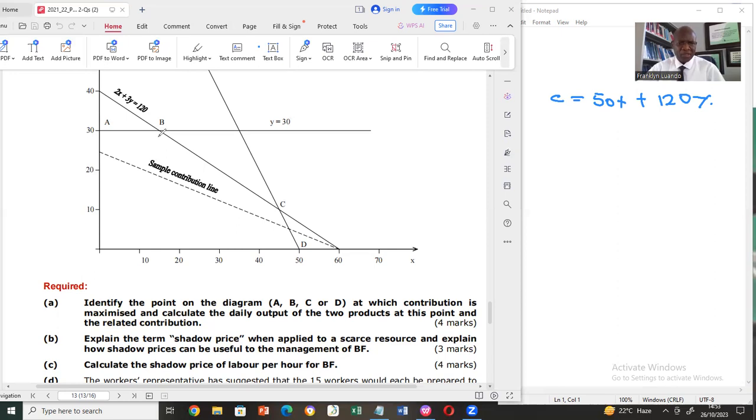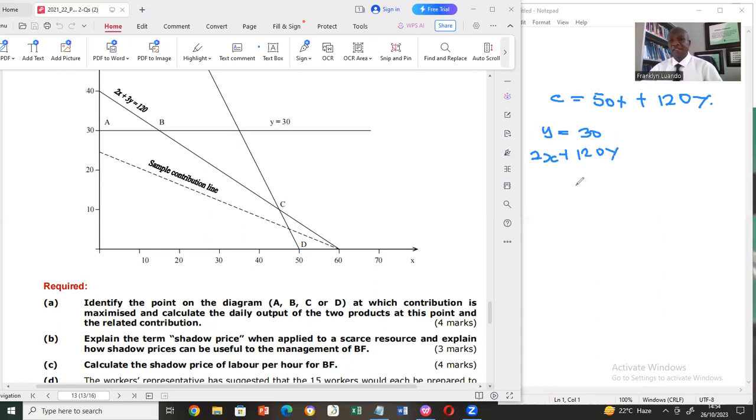Point B is where these lines intersect: y equals 30, which is this line, and 2x plus 3y equals 120.